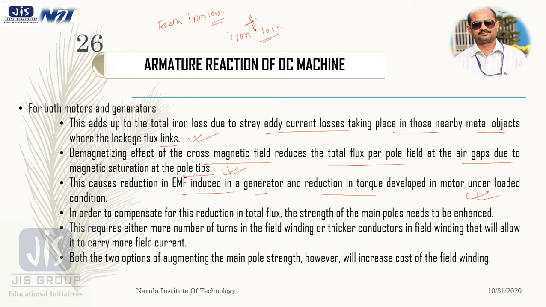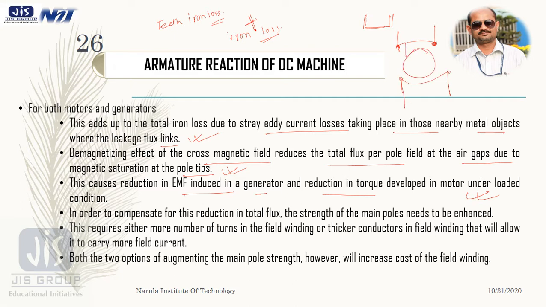What happened? As the iron loss is increasing, the flux per pole at the air gap is reduced due to magnetic saturation of the pole tip. So this is my pole tip. This is my pole tip. The armature is here.